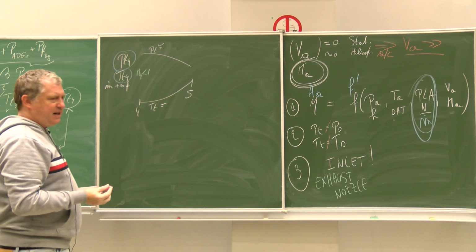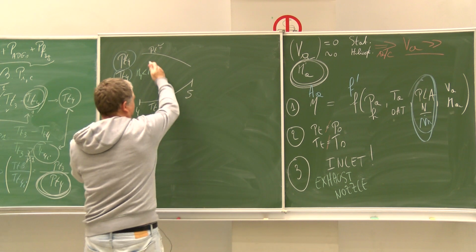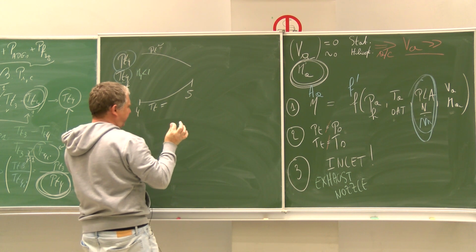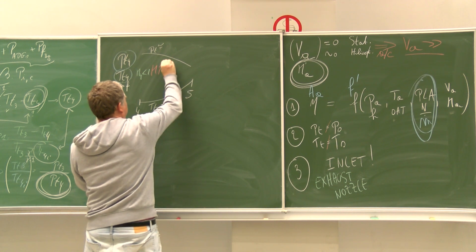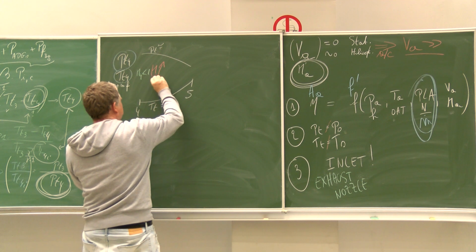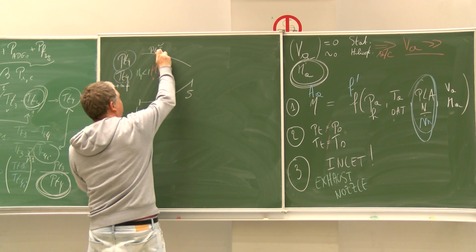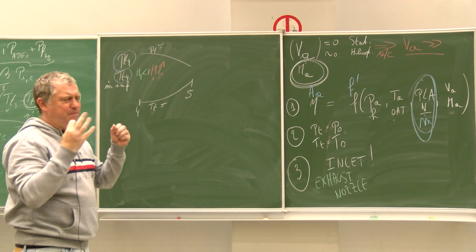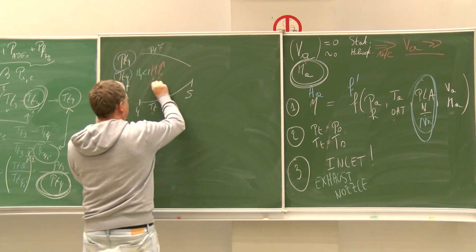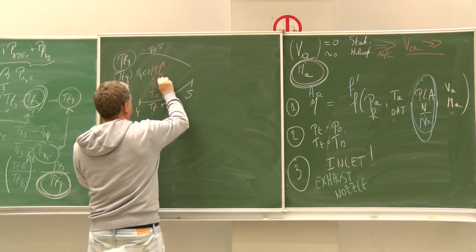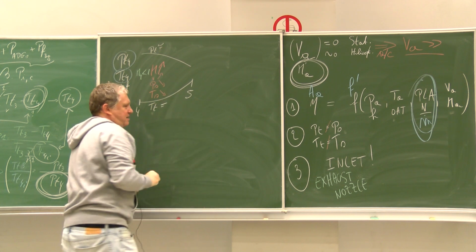And what's happening in a nozzle like this one? It's a convergent. So what's happening in a subsonic convergent nozzle? The Mach number is increasing, the speed is also increasing, total temperature is constant, total pressure is slightly decreasing, but we say it's constant, and we will have the static pressure and the static temperature that will decrease.